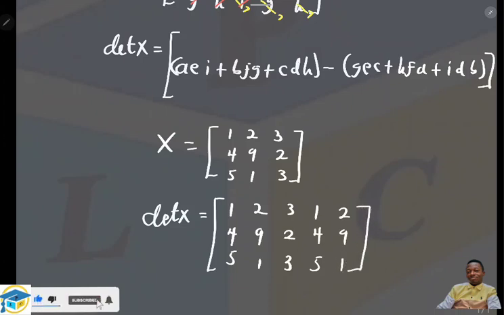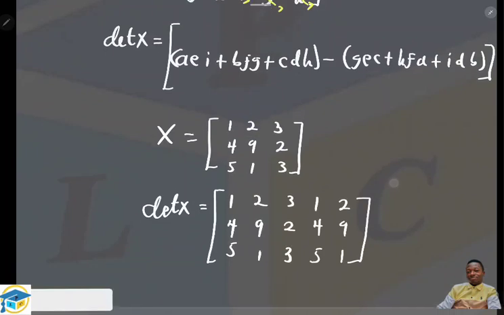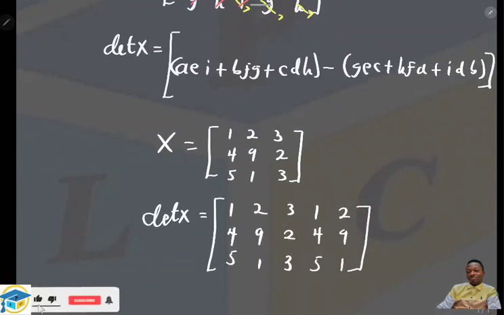Once we are done with this, we have our arrows to be indicated. So we have our downward arrows. Any of the numbers that form a proper downward arrow, you draw an arrow to indicate that we're going to find a product in that line. The first pattern goes across 1, 9, then 3.